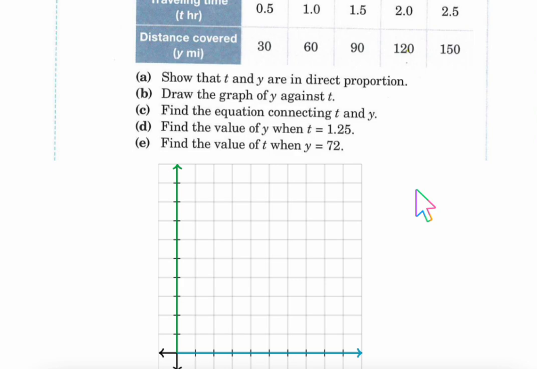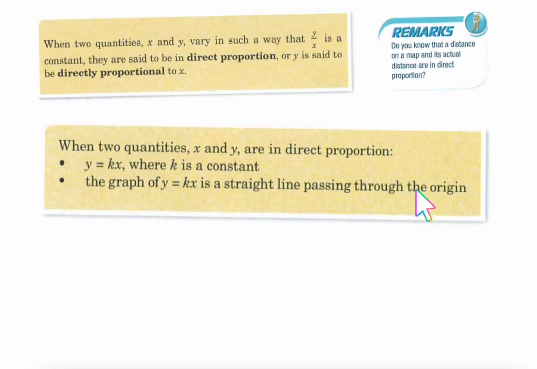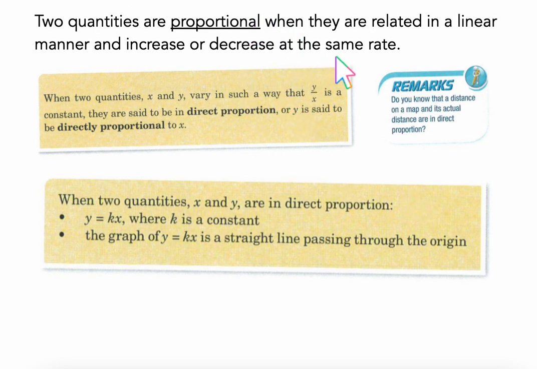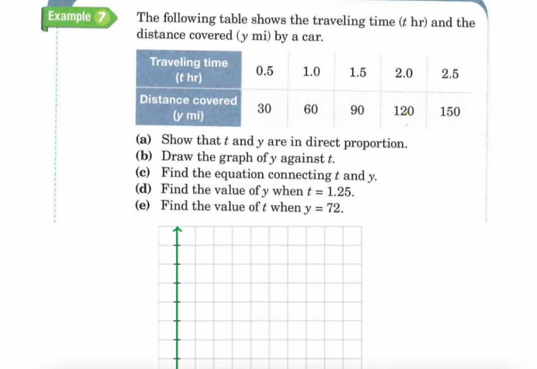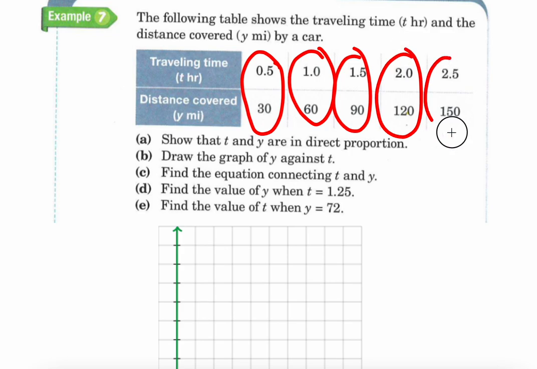All right, first off, we need to show that t and y are in direct proportion. Remember, we can show that by dividing our y by our x, t in this case, and see if we get the same constant of k. Okay, so let's do that. I have a whole bunch of different t and y values that correspond to each other, so I'm going to go ahead and divide them.